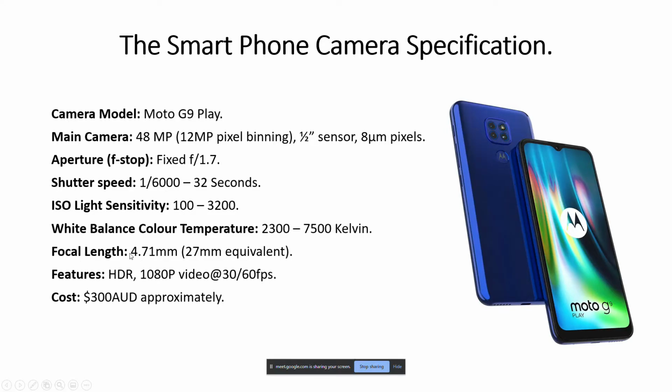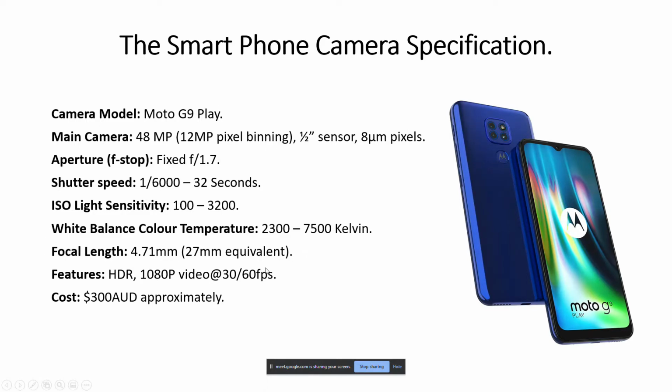Focal length is quite short, so 4.71, but I think this focal length has an equivalent to a standard camera. So on the specs, it has a 27 millimeter equivalent. So if this phone was an equivalent DSLR, that would be what the focal length would be.